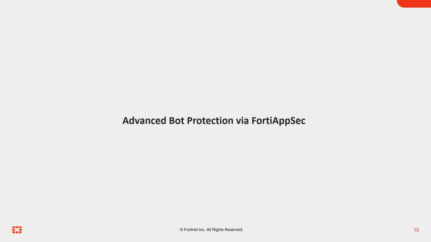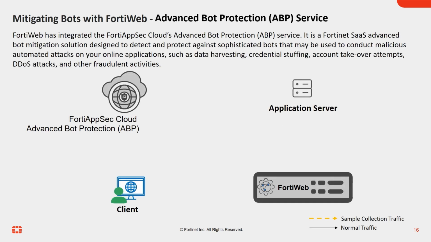And finally, FortiWeb has a feature that taps into a bot scrubbing center, giving you real-time protection against bot attacks as they happen. FortiWeb integrates with FortiAppSec Cloud's advanced bot protection service, a SaaS-based solution built to detect and block sophisticated bots that launch automated attacks against your online applications, such as data harvesting, credential stuffing, account takeover attempts, DDoS attacks, and other fraudulent activities.